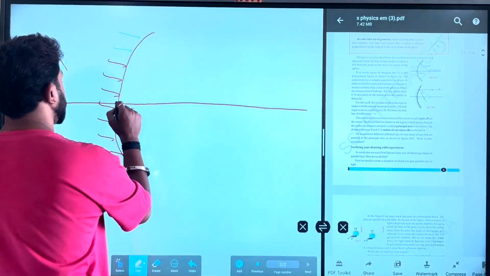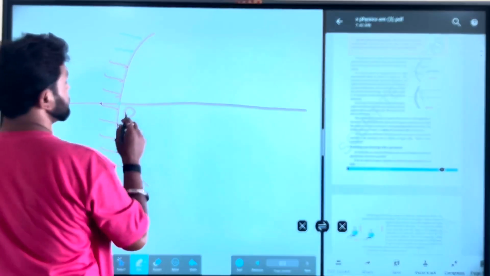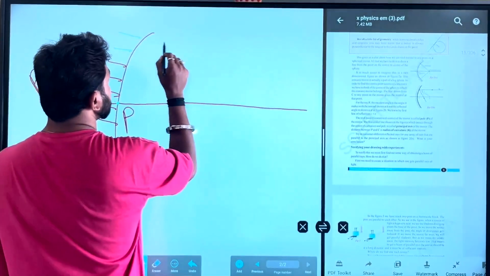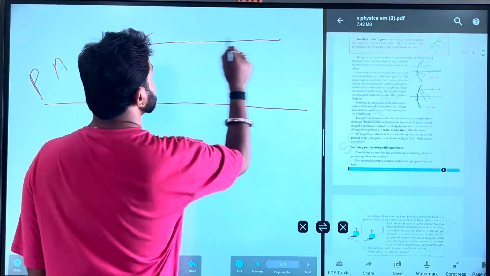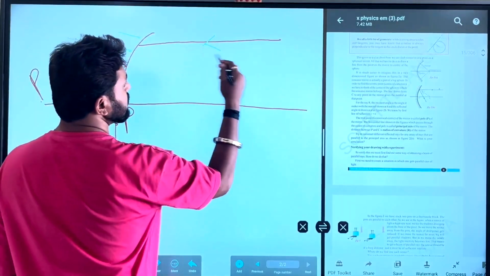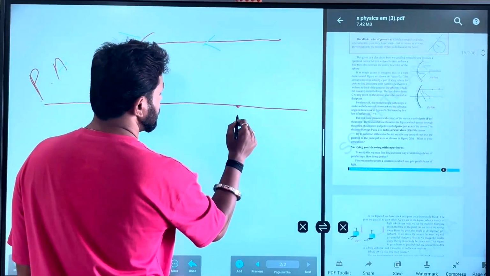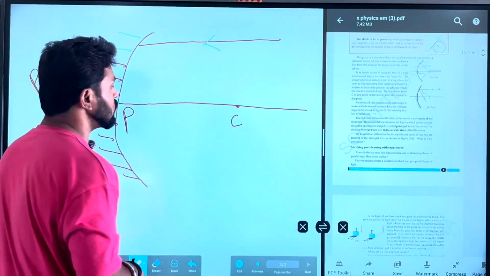This point over here is called pole, and a ray of light, that is the incident ray, is coming from here, and we have the center of curvature over here.